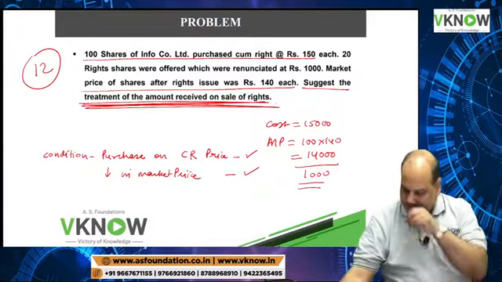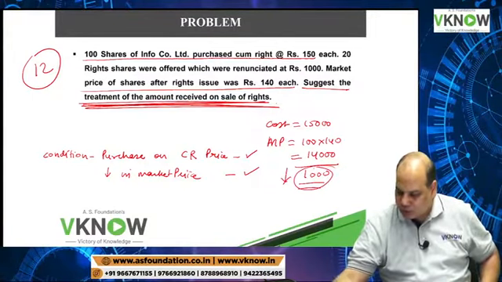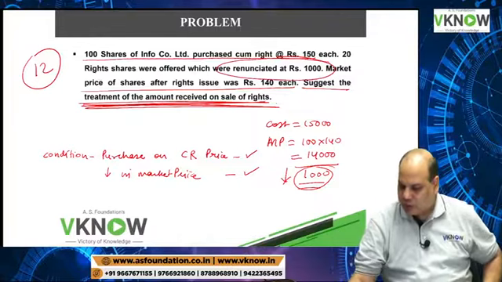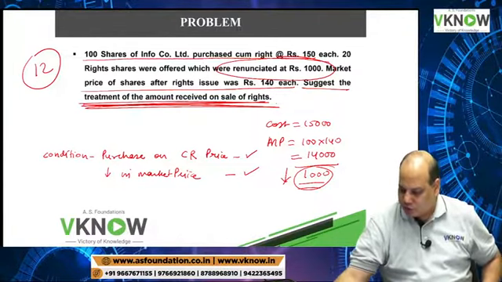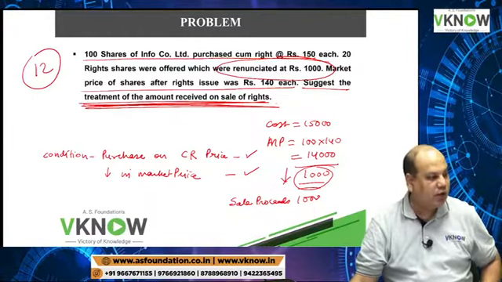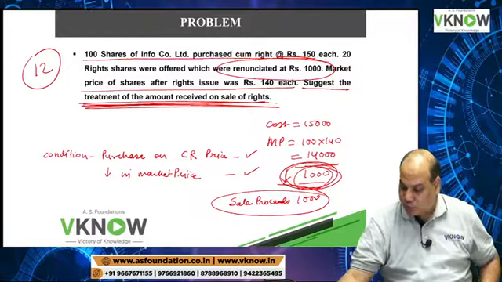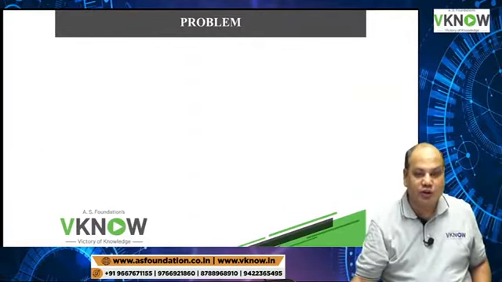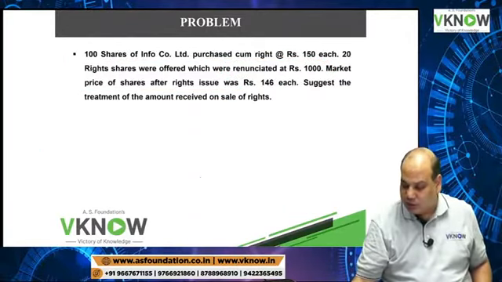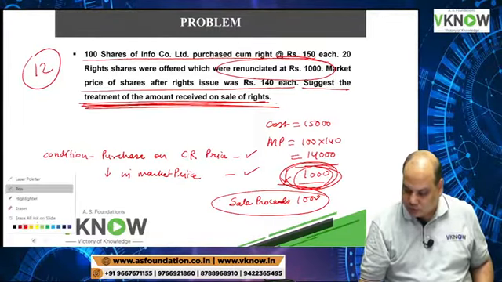Decline in market value is 1000 rupees, and the amount received on sale of right is also 1000 rupees. So the entire amount of 1000 rupees received will be used for reducing the carrying amount of investment.